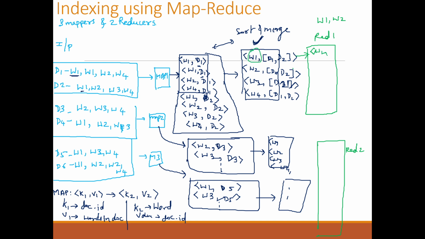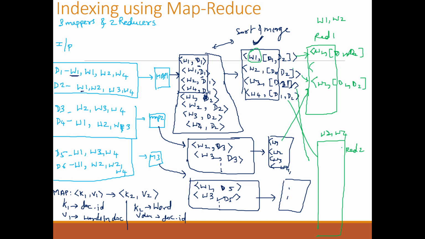So all the word 1 along with its lists will be coming here. So word 1 coming from here and word 2 also coming from here. So all word 1 and 2 will be coming from all the mappers to this reducer. Word 3 and 4 will be going to this reducer number 2.